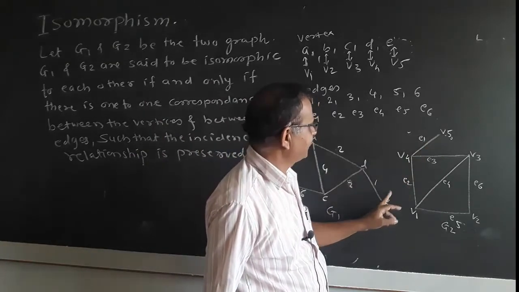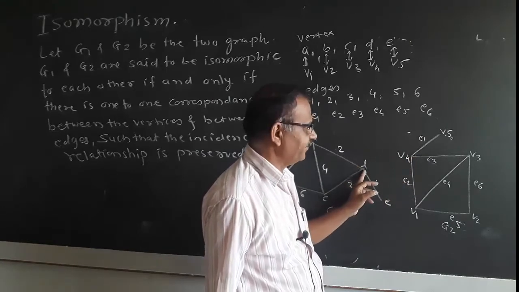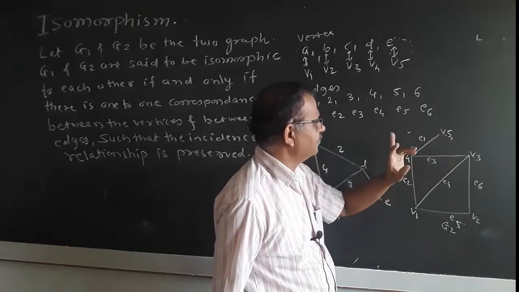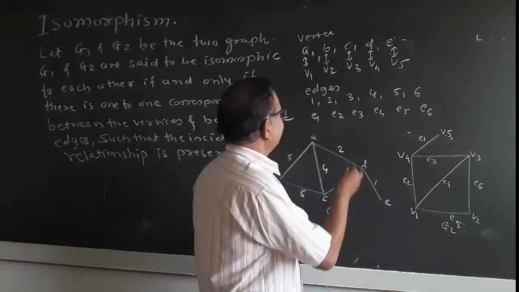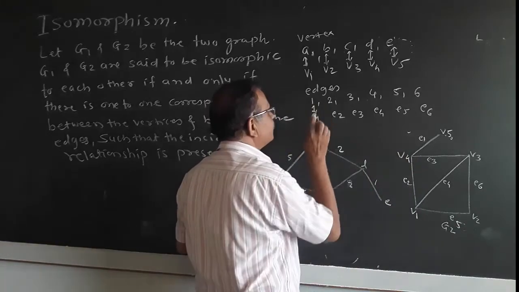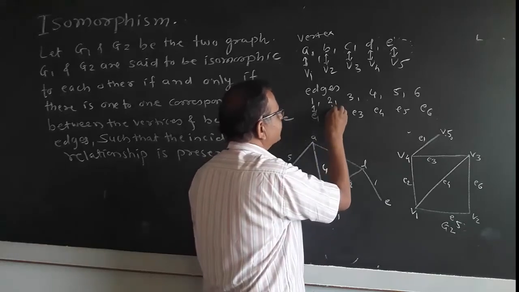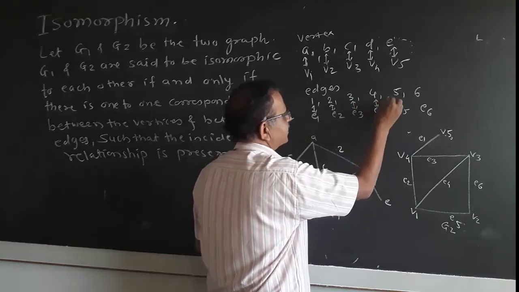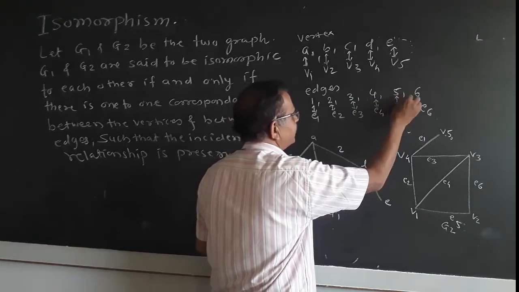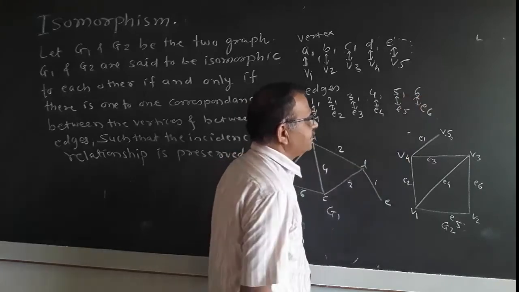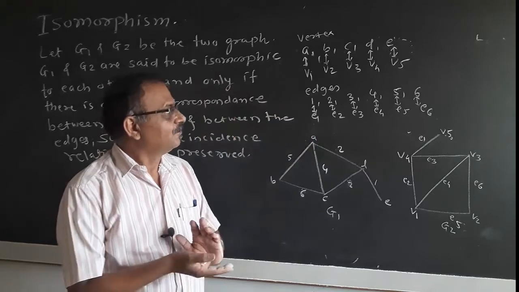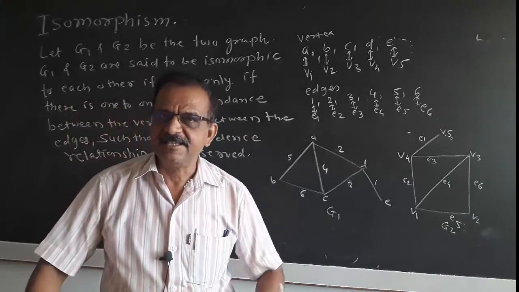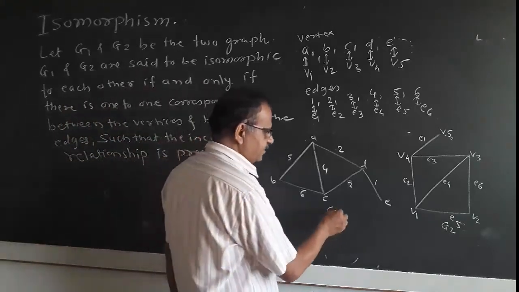V5 is a pendant vertex, V4 is of degree 3, and D is of degree 3. Therefore, D, E and V4, V5 are the correspondence between the two edges. Therefore, edge 1 corresponds with E1. Similarly, edge 2 corresponds with E2, 3 with E3, 4 with E4, 5 with E5, and 6 with E6. Therefore, vertex and edge correspondence exists such that the incidence relationship is preserved.